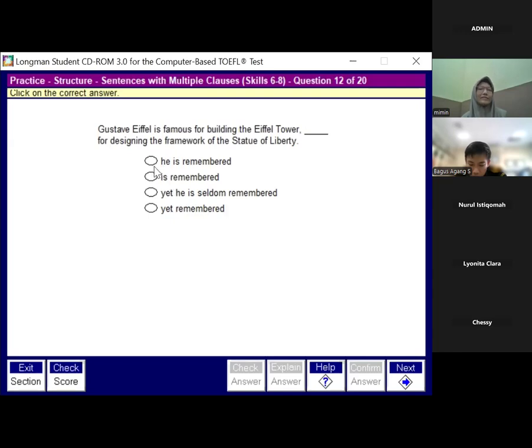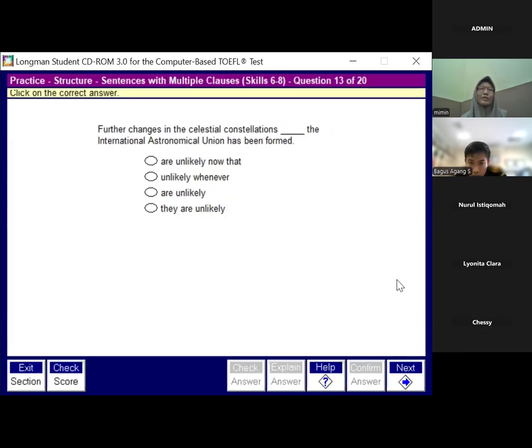He is remembered for designing the framework of the Statue of Liberty. Okay. All right. Kak Bagus, can you help me who will do the next? Maybe Mbak Leonita can choose the next. It works better with you. All right, Kak Leonita, please.